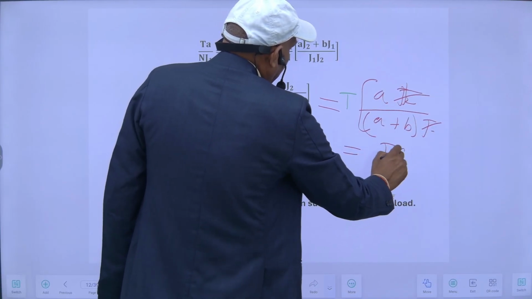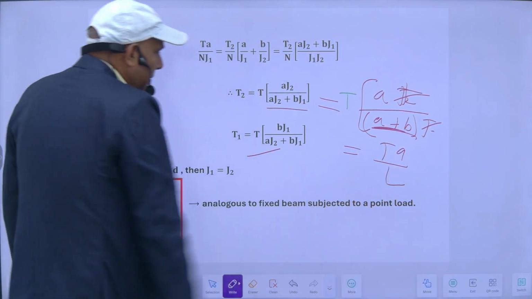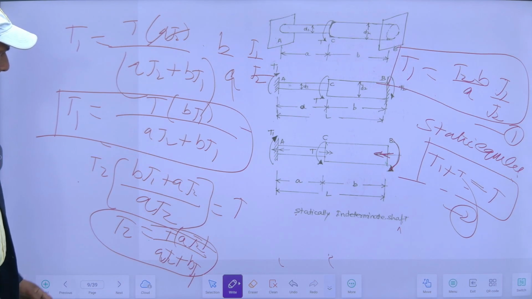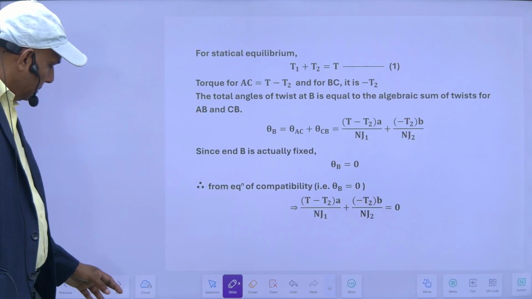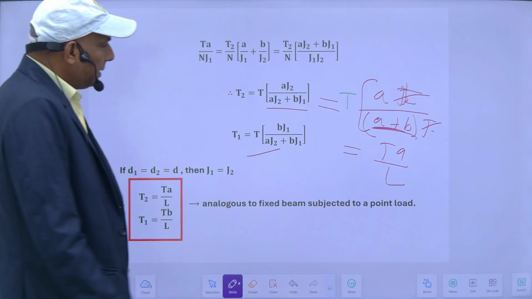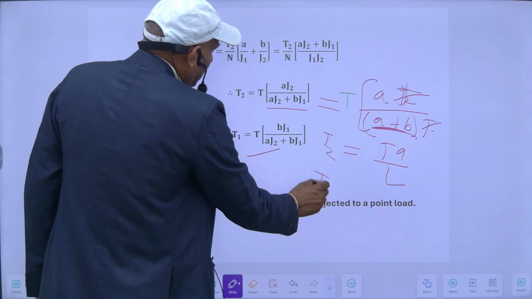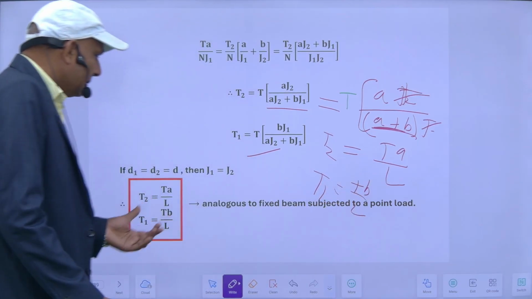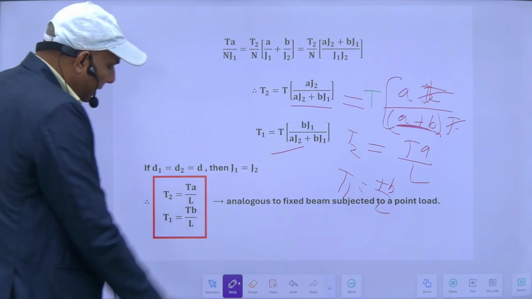So it will be T A upon A plus B, and this A plus B is equal to the total length L. And similarly this is T2, and T1 will be equal to similarly T B upon L. So they are analogous to a fixed beam subjected to a point load.